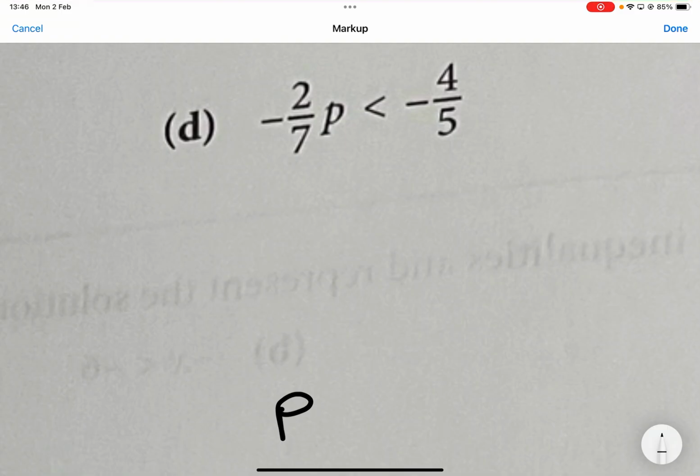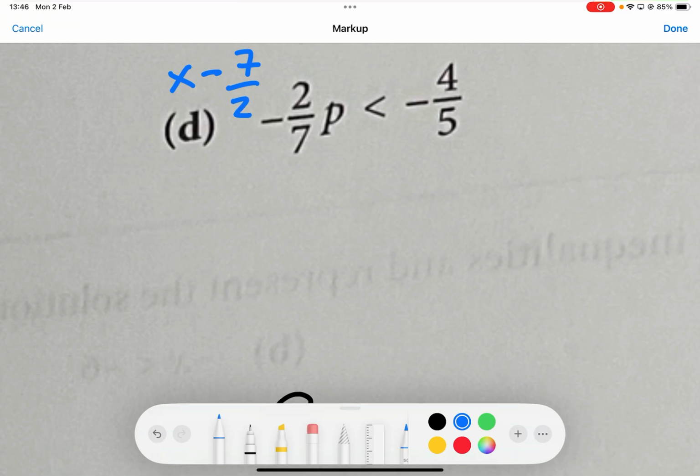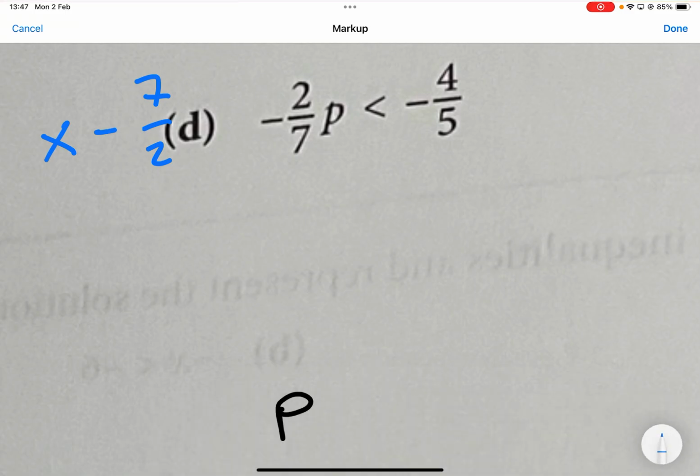So to make this negative 2 over 7 disappear, I multiply negative 7 over 2, because negative can cancel away negative, 7 cancel away 7, 2 cancel away 2.